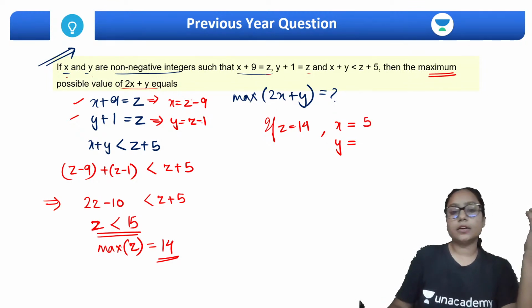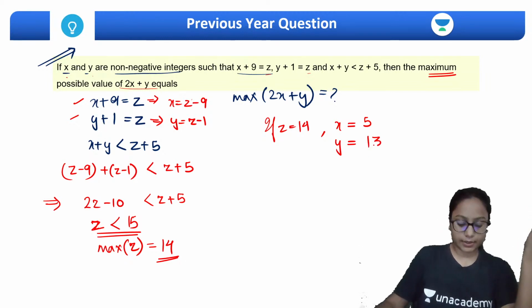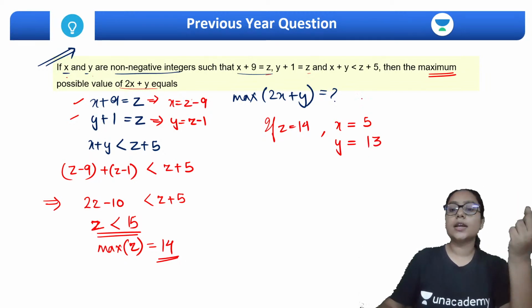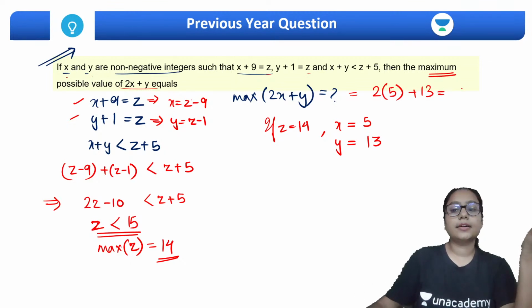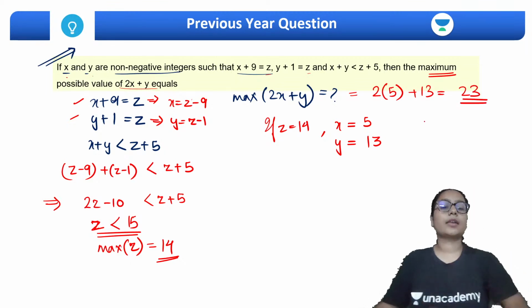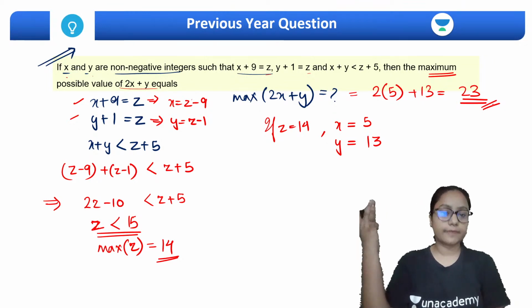Put z as 14 here, 14 minus 1, it is 13. Okay, correct, Aman. So what is the maximum value of 2x plus y? What is it? 23. Okay, so 23 is the maximum possible value of 2x plus y.